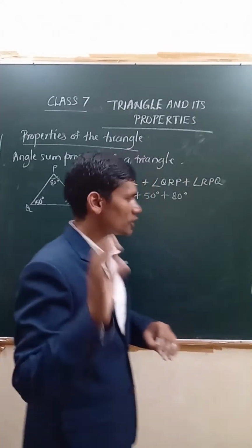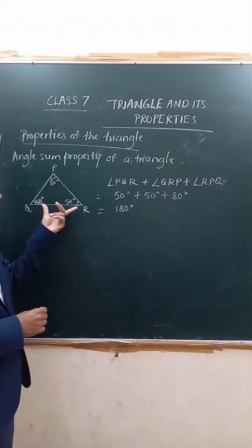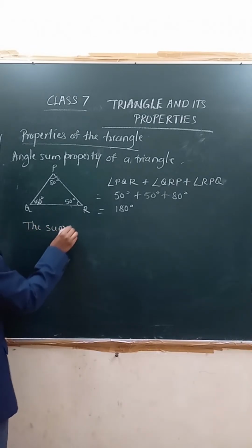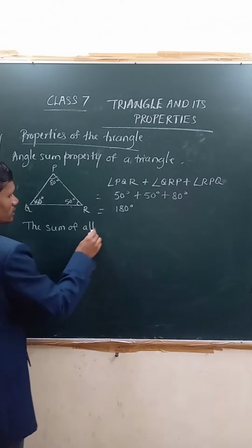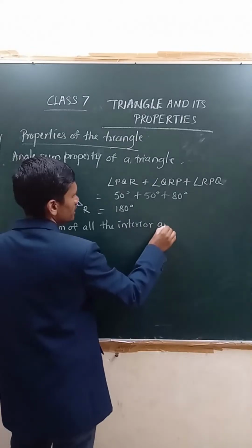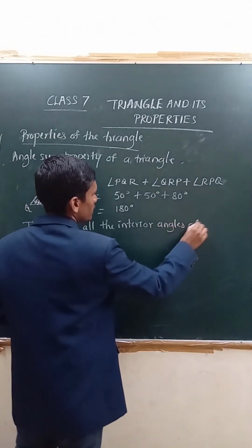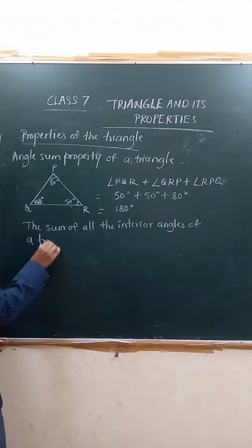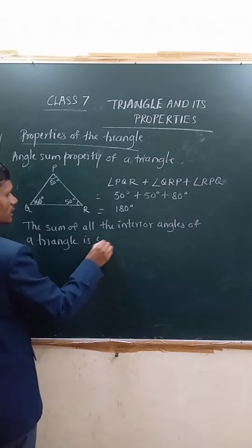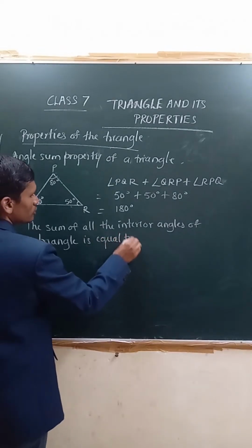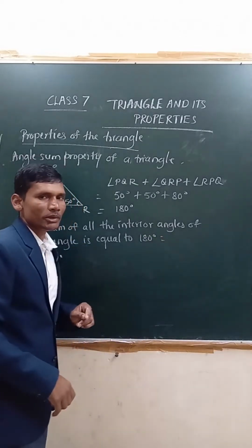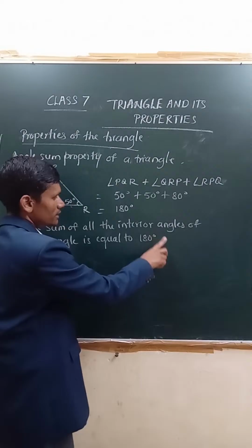This is 100% truth. So this is what we can call the interior angle sum property: the sum of all the interior angles of a triangle is equal to 180 degrees. Does that mean it is a supplementary angle?